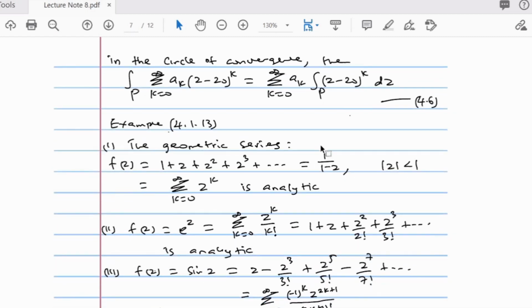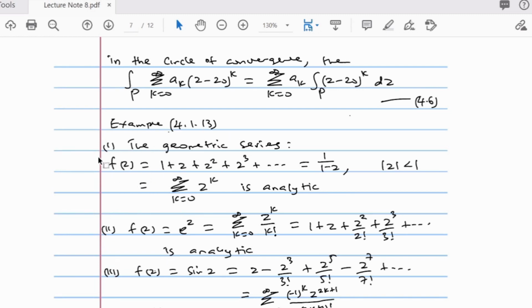So if you have f of z equal to 1 over 1 minus z, the power series will be equal to the summation k equals 0 to infinity of z to the power k. Please don't forget this. This you can do yourself.